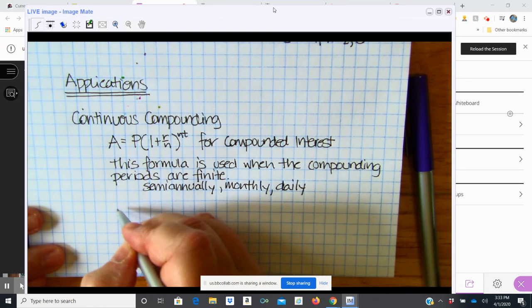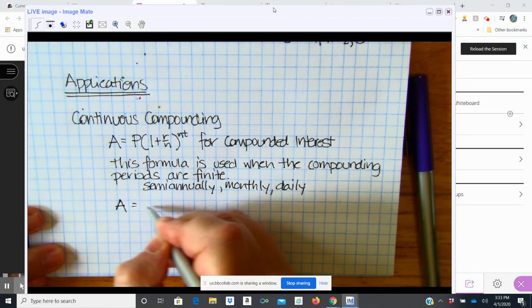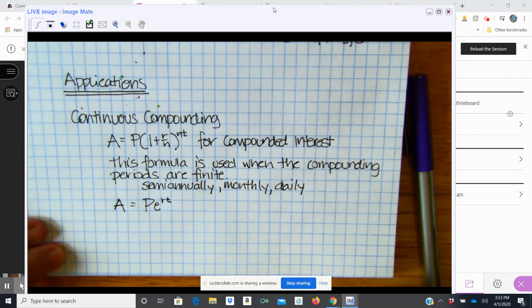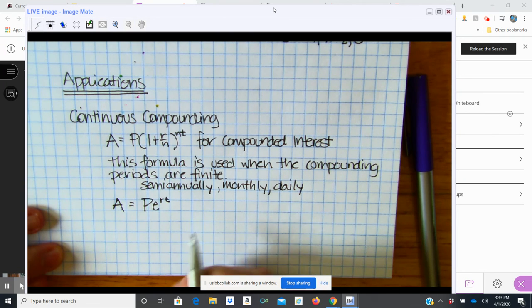For continuous compounding, we use the natural exponential function e.